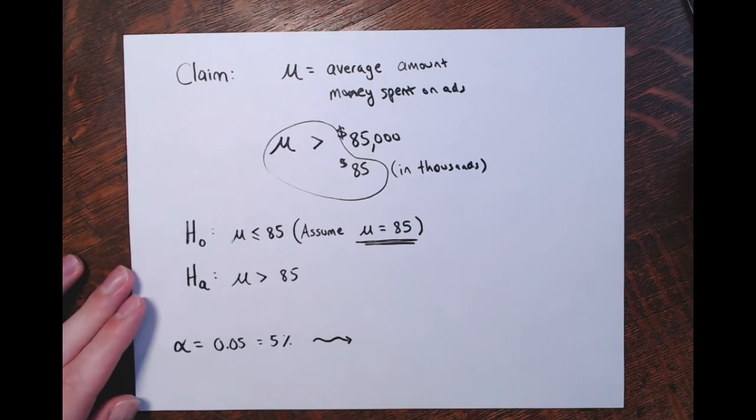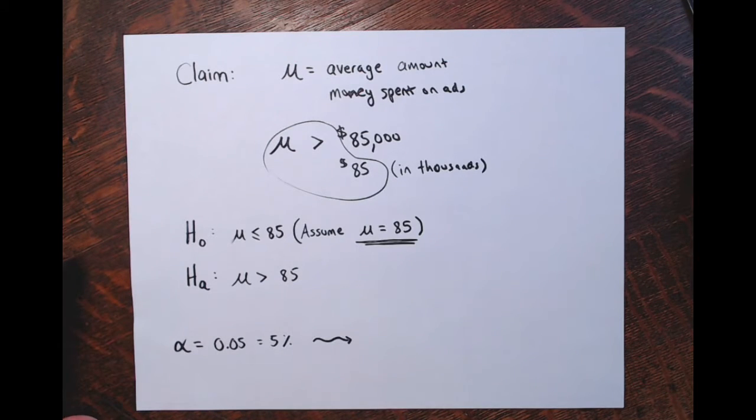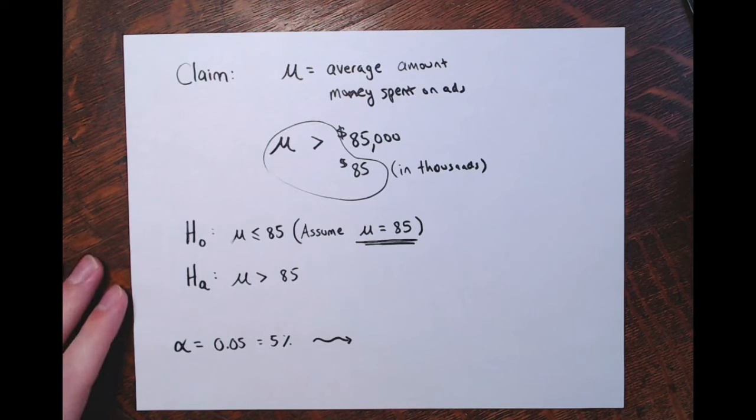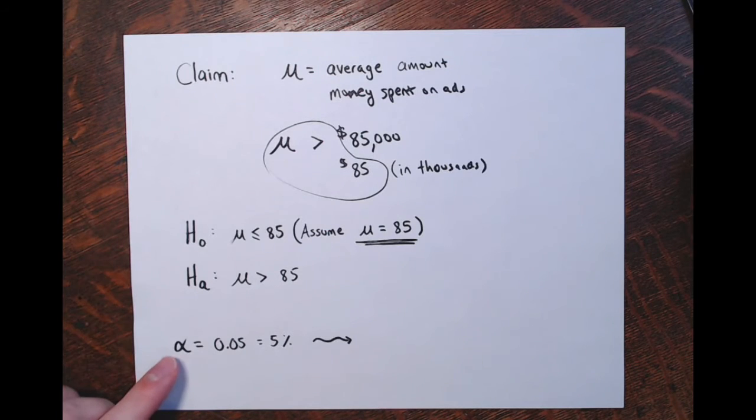Remember what I said earlier. This is the area of the rejection region, but I'm not going to look at any rejection region yet because we don't really have any samples to use. But another thing I said about this was the probability of making that type 1 error.